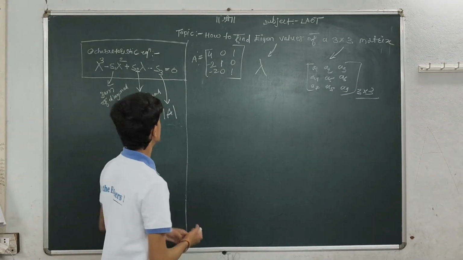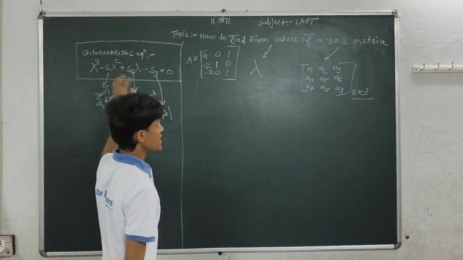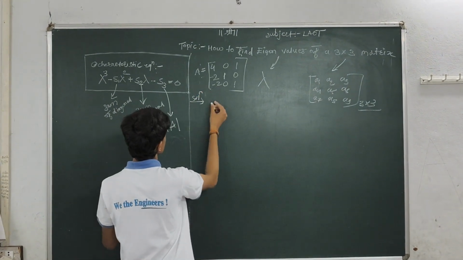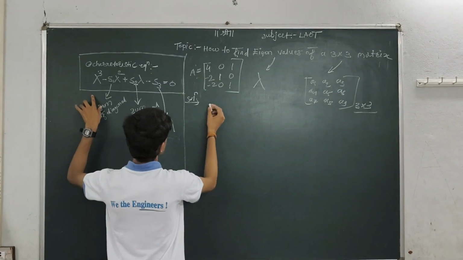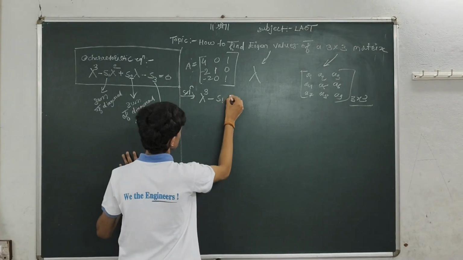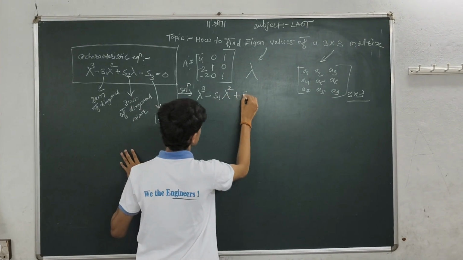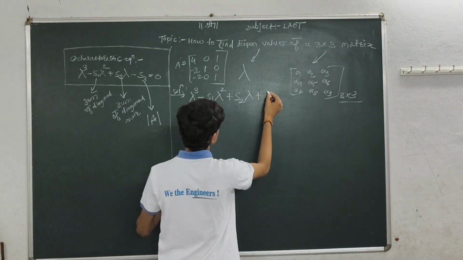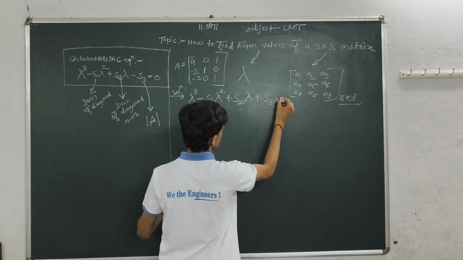So at first, we have to write the characteristic equation while solving this problem. To write the characteristic equation: lambda cube minus S1 lambda square plus S2 lambda minus S3.